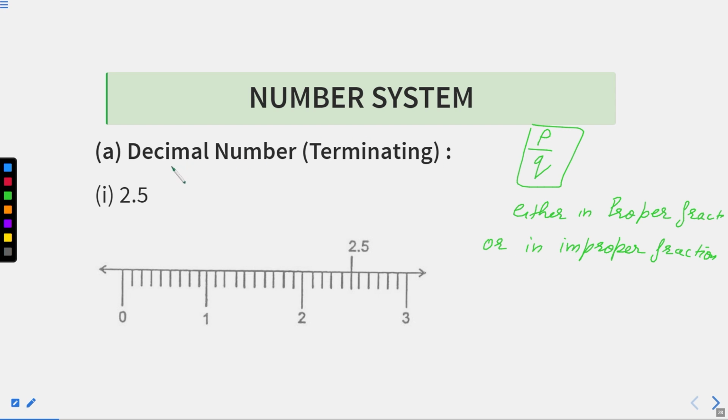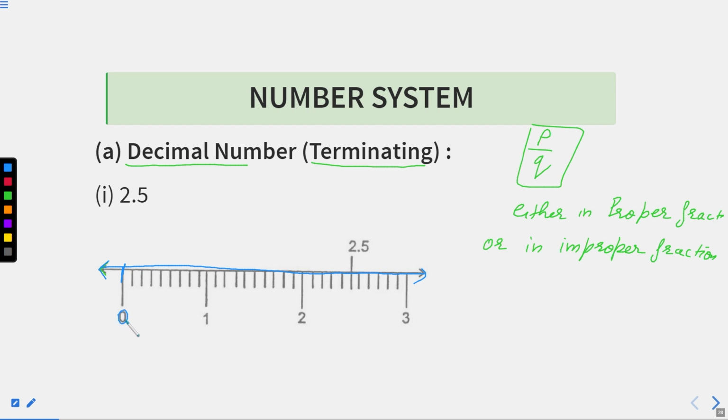Okay. So what if we are given a rational number in decimal form? Decimal form with terminating digits. So let's find out. So 2.5. What does it mean? We just have to make a real line. So here's our real line. The 0 is marked here.